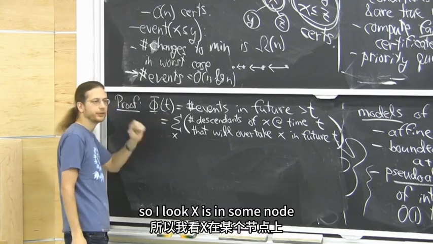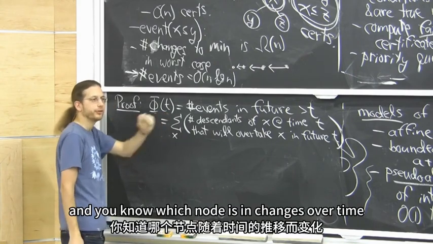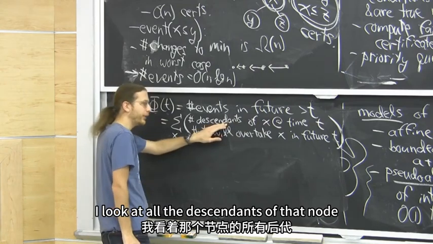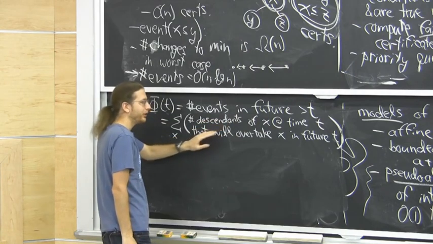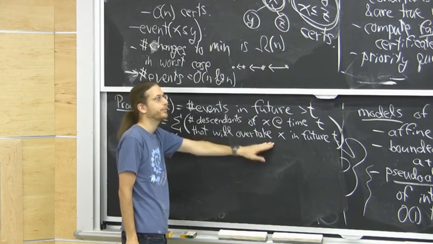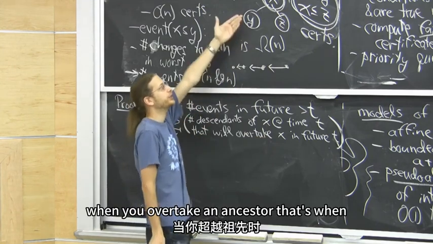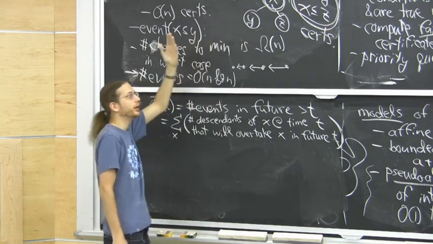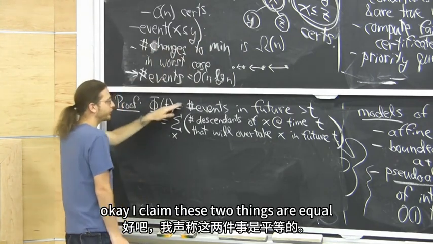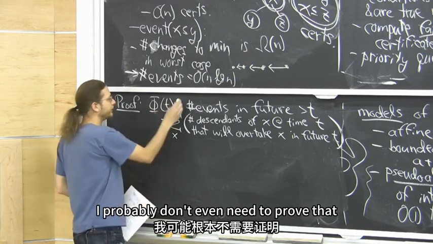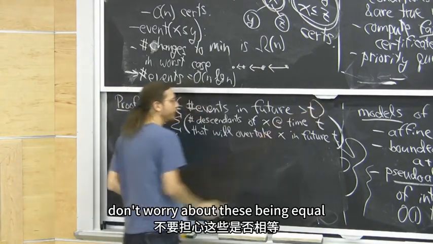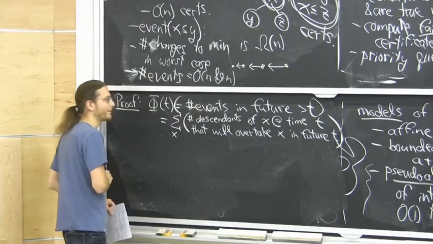So x is in some node, and which node it is in changes over time, but at time t, it's in some node. I look at all the descendants of that node. I look at those items, and I see which of those items will overtake x in a future time. Those are the ones that I care about. When you overtake an ancestor, that's when an event happens. I claim these two things are equal. I probably don't even need to prove that. So this is in parentheses. Don't worry about these being equal. Think of this as the potential function.